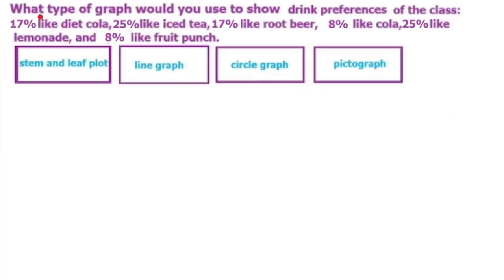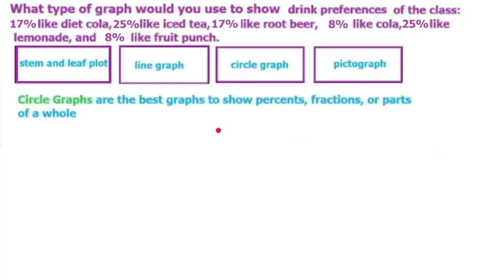So if we have a problem like this that says, what type of graph would you use to show drink preferences of the class? 17% like Diet Cola, 25% like iced tea, 17% like root beer, 8% like cola, 25% like lemonade, and 8% like fruit punch. And the choices are stem and leaf plot, a line graph, a circle graph, or a pictograph.